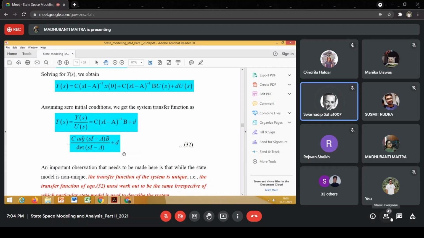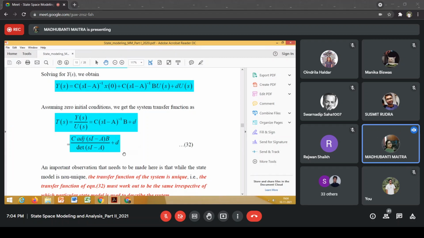Yes, ma'am. So if we solve that nth order equation, then we'll get n number of roots of the characteristic equation of the system, which has the system matrix denoted by A, right?